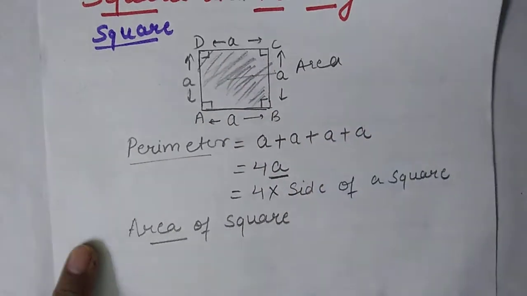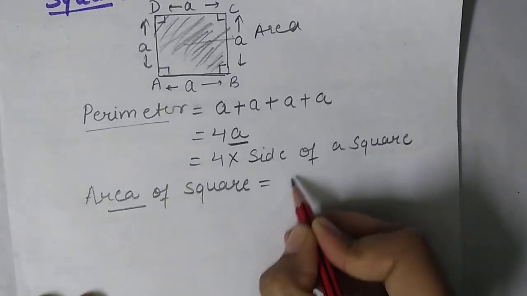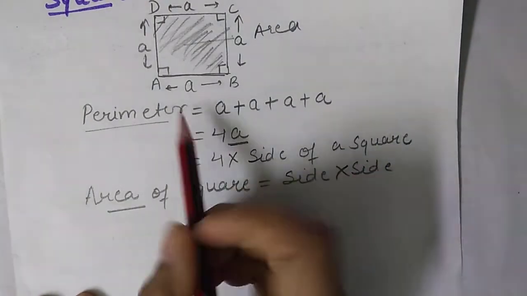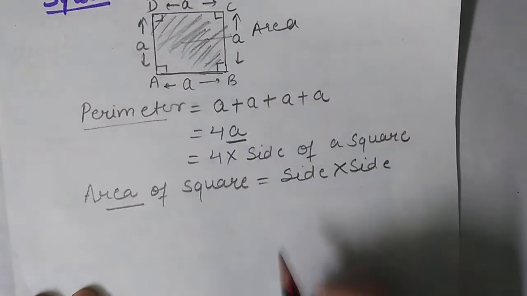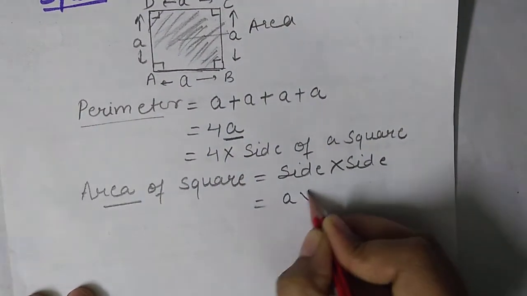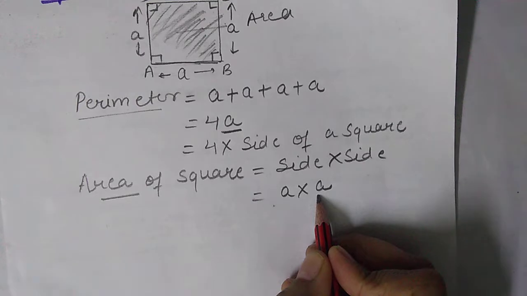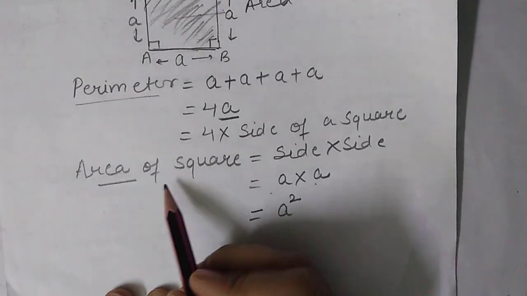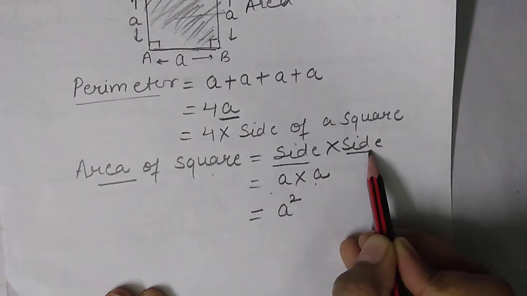So area of square is given by side into side. Okay, here we have taken side as A unit. So it will be A into A, that is A square. Okay, so we can say area of square is side into side.